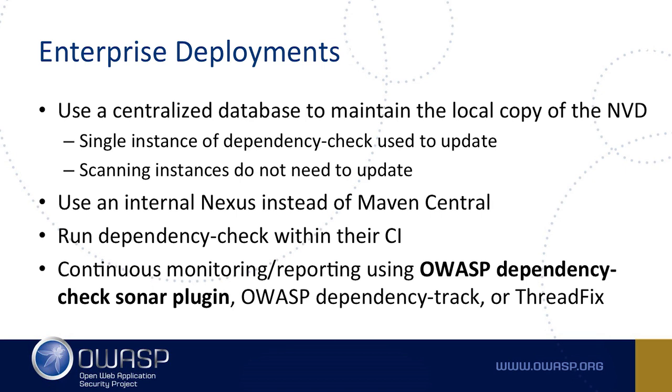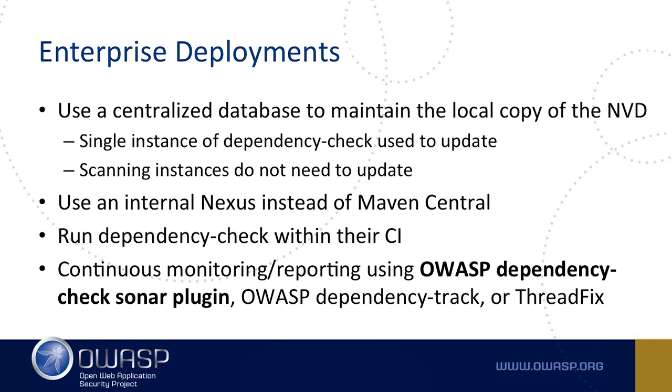If your build servers can't reach Maven Central and you are running a Nexus server internally, you can configure Dependency-Check to hit a Nexus server. We are looking at expanding to other binary repositories that people have in their environments, but at the moment, Nexus is the only one that we have supported. There is an open ticket to add Artifactory, but we haven't gotten to that one yet.